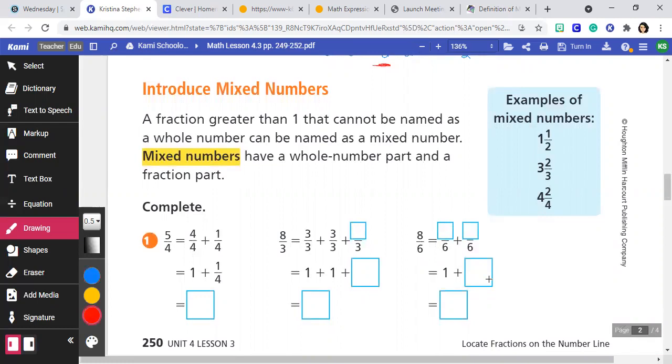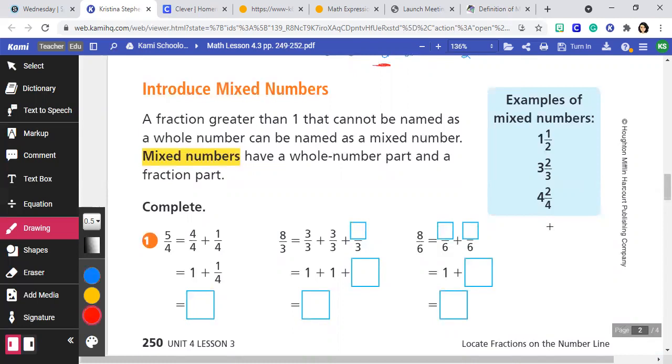A fraction greater than 1 that cannot be named as a whole number, so you can't name it 1, 2, 3, 4, 5, 6, and so on, can be named as what we called a mixed number. Mixed numbers have a whole number part and a fraction part that work together, because part is whole and part is not whole.